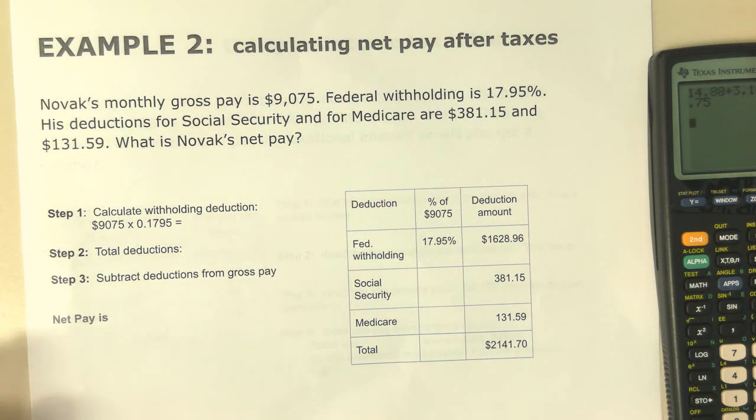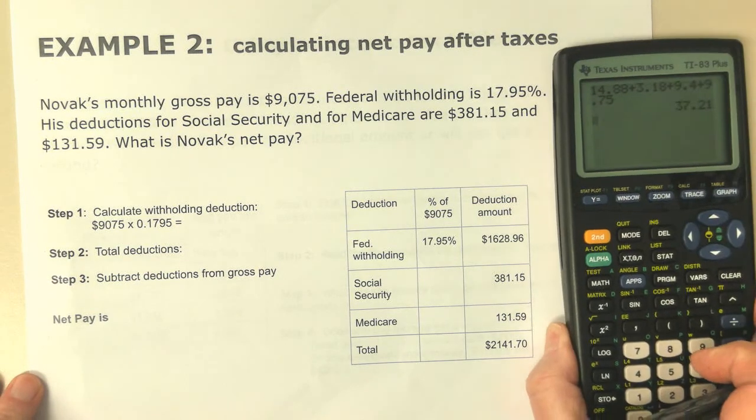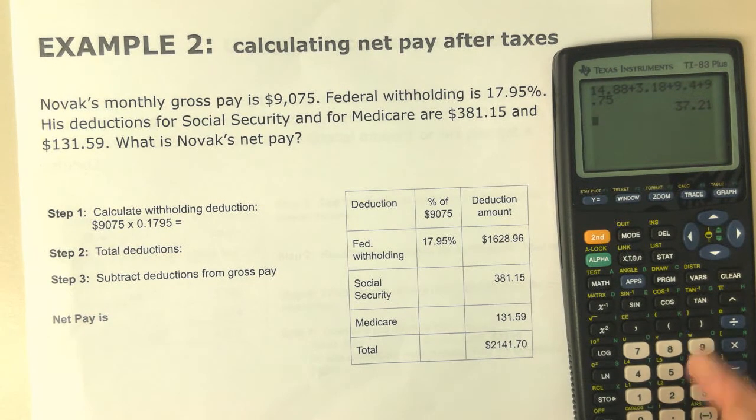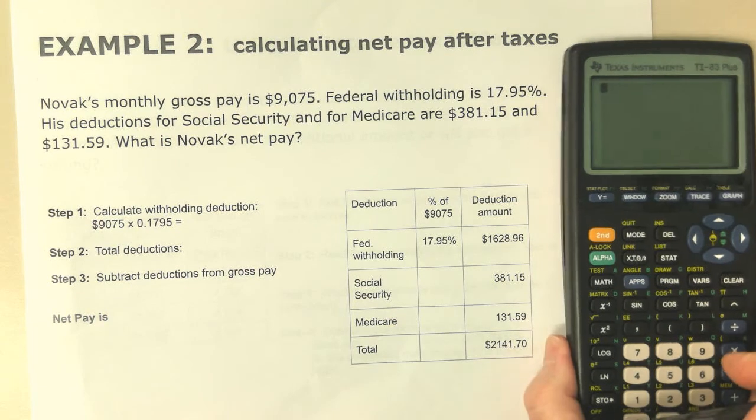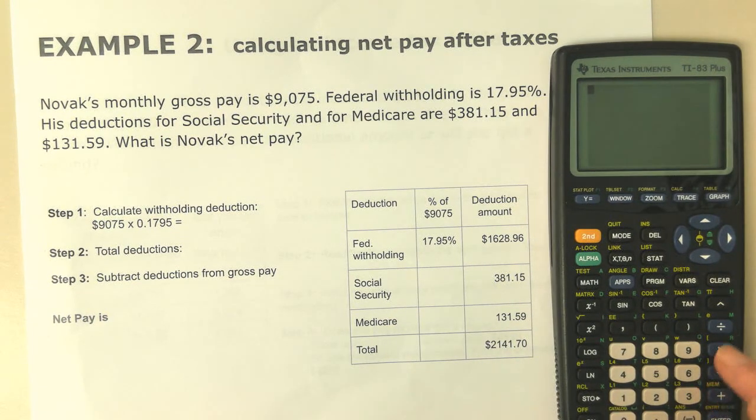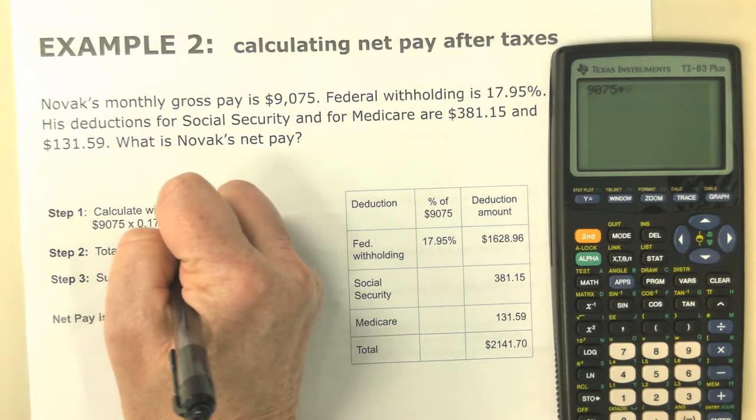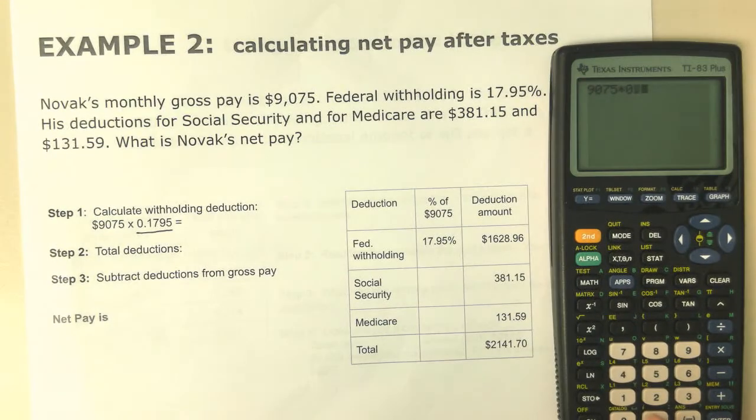So the first step, I did it sort of for you, is to calculate the withholding. So remember, again, can you see the calculator? Good. We have a gross pay of $9,075. We're going to multiply that by 17.95 in decimal form, so that is 0.1795.